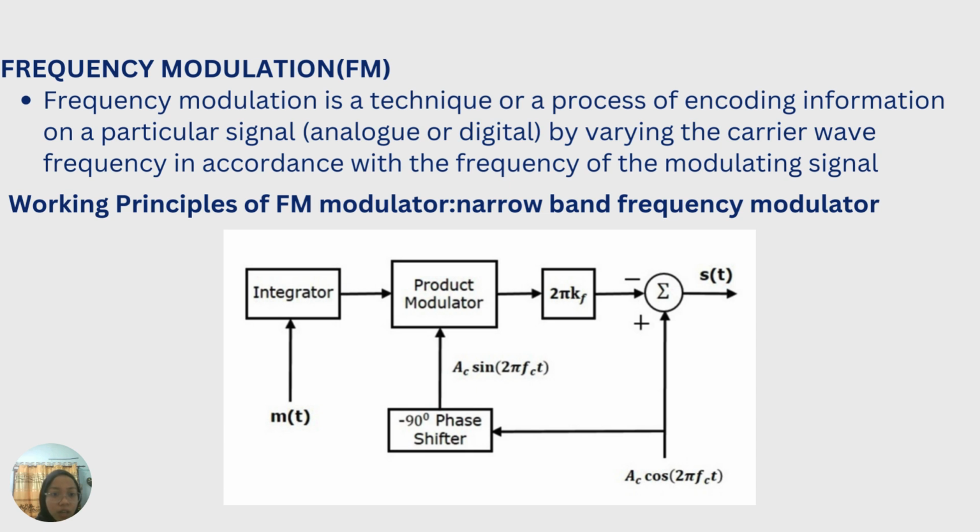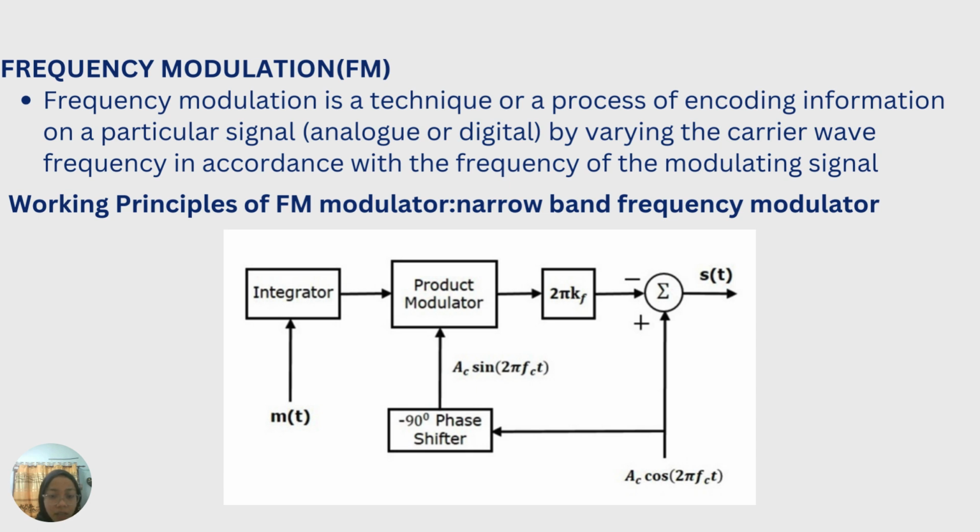The product modulator accepts two inputs, which are the integration of the message signal and the carrier signal. It gives an output which is the product of both the inputs.